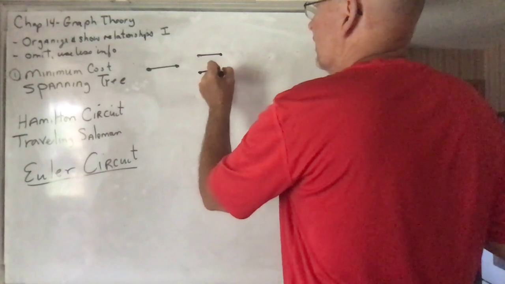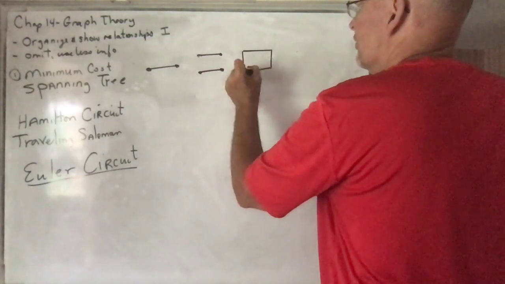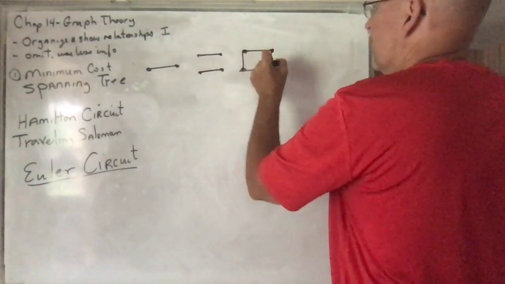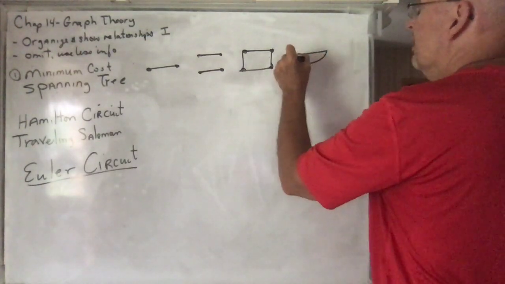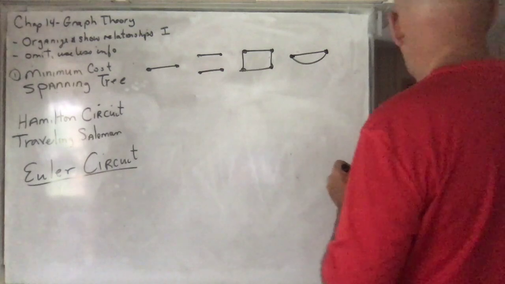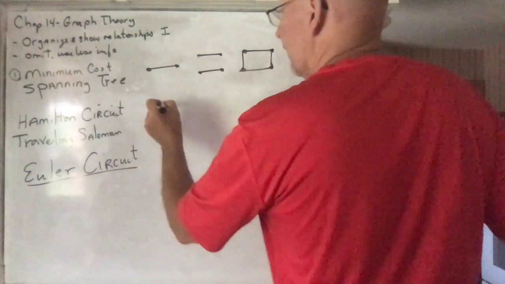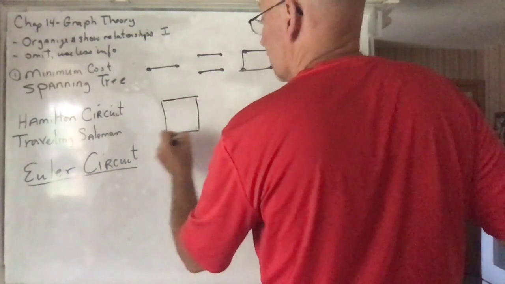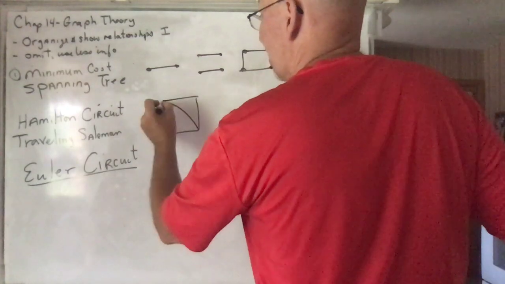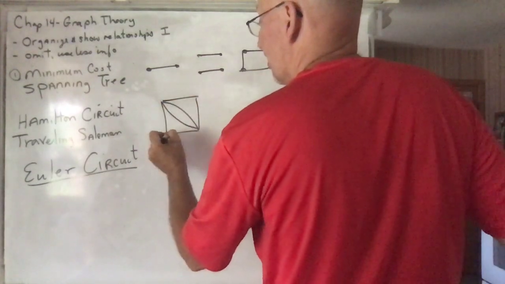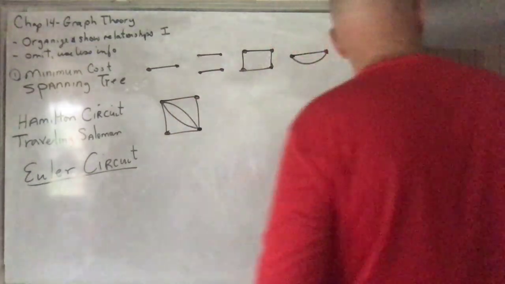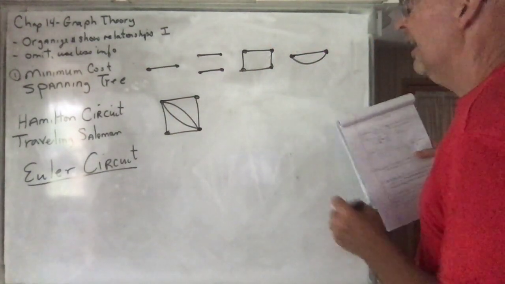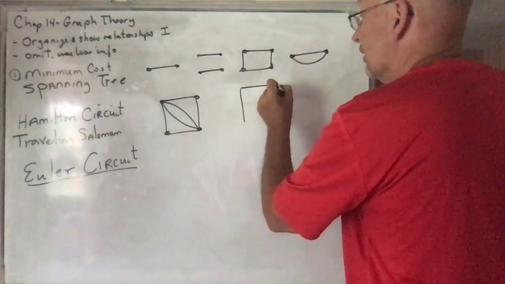Every corner is a vertex. This graph right here. Okay? And one more, this one right here.